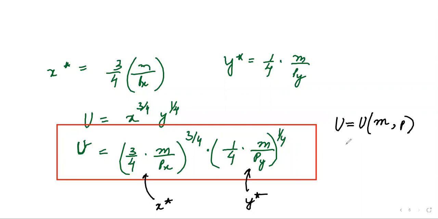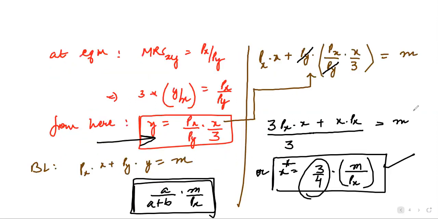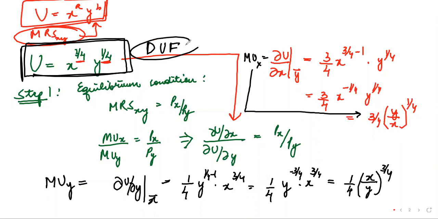This utility that you derive in terms of income and prices is known as the indirect utility function. So indirect utility function is a utility function which is in terms of income and prices. And direct utility function is a function which is in terms of x's and y's. So we started with a direct utility function.